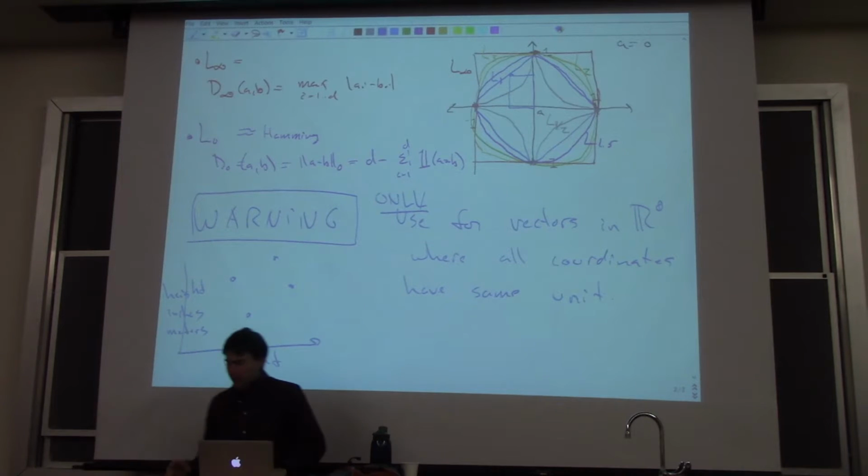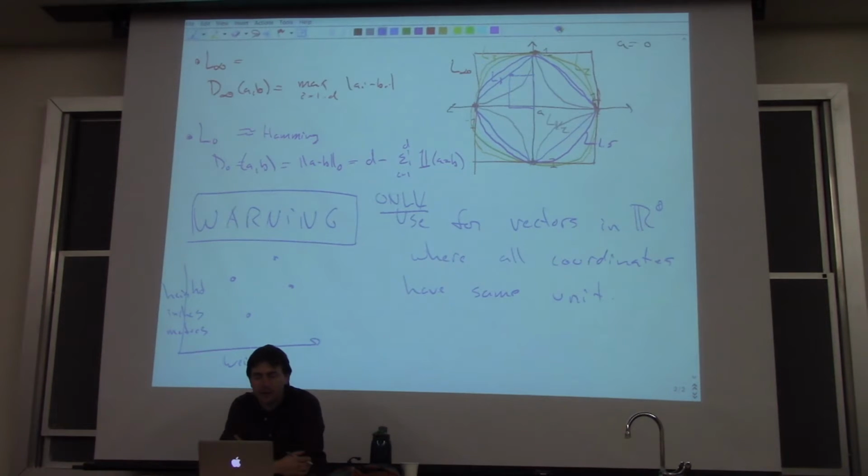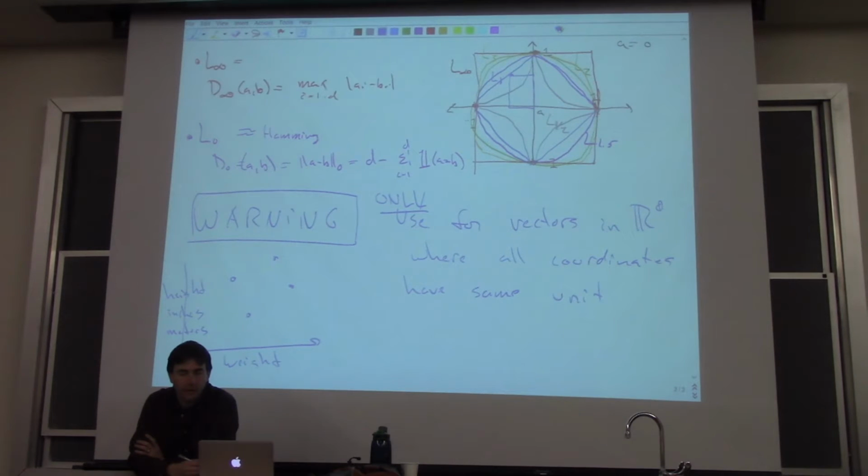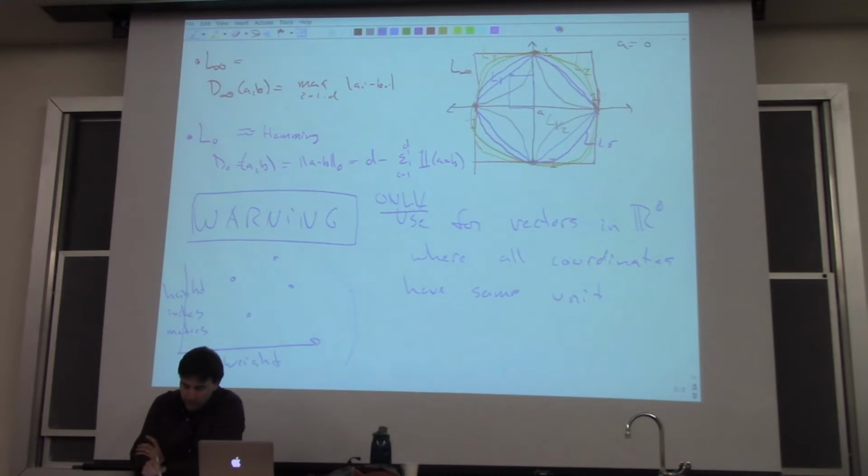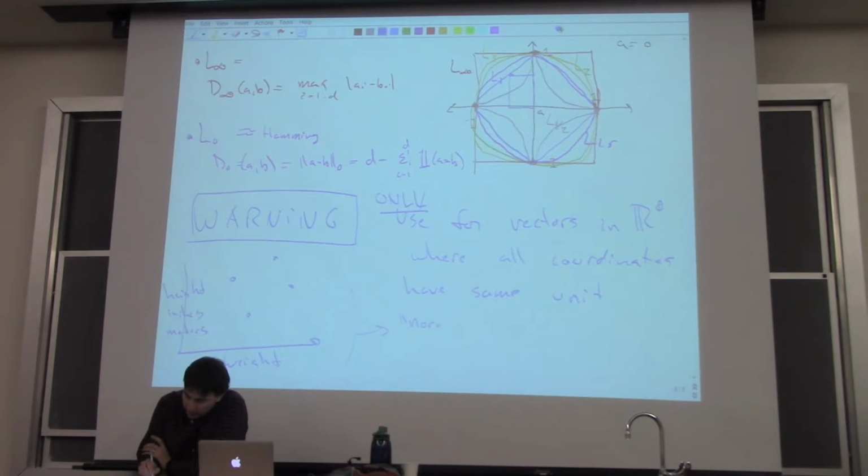Okay, so if I don't have the same units across coordinates, then how do I measure the distance? A common thing people do is normalize, and there are two common ways that they normalize.